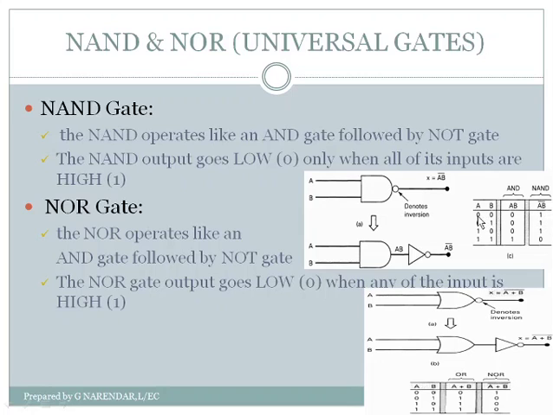So when both the inputs are 0, the output of the NAND gate is 1. Similarly, when A equals 0 and B equals 1, then x equals 0.1 bar. 0.1 is 0 and 0 bar is 1. Similarly, when A equals 1 and B equals 0, the output x equals 1.0 bar.